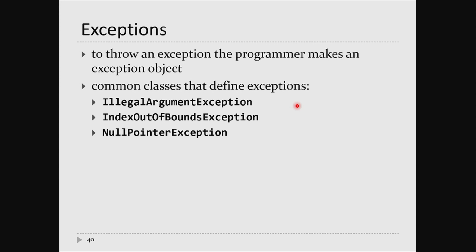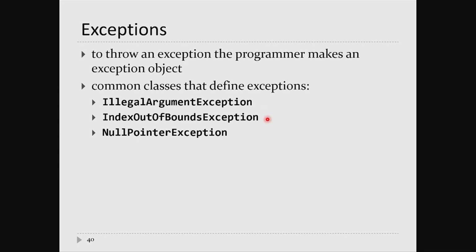There's a whole bunch of exception objects that are defined in the standard library. Three of the common ones that you'll encounter are these. IllegalArgumentException is when someone passes in a value for an argument that the method or constructor can't deal with.